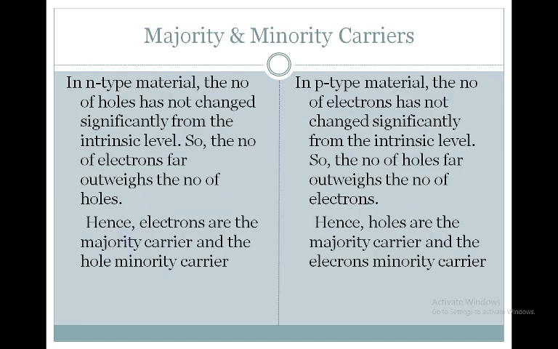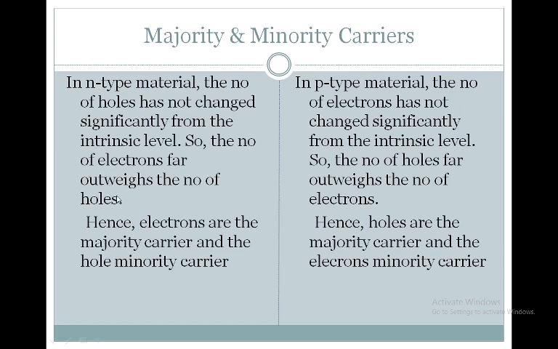So when it's now in an extrinsic state, either n-type or p-type, the number of holes has not changed. Similarly for n-type, because there are more electrons due to each donor impurity, the number of electrons has outweighed the number of holes.